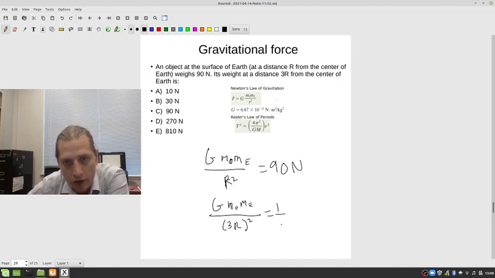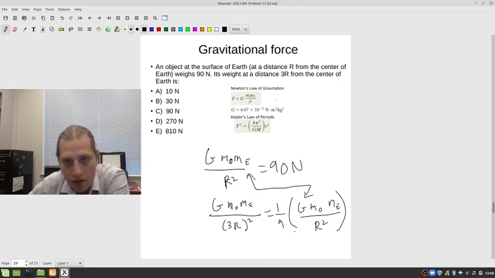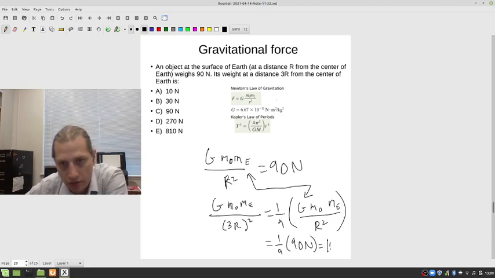This would be 1/9 times G mass object, mass Earth, over r squared. This, however, is that. So this would be 1/9 times 90 newtons equals 10 newtons.